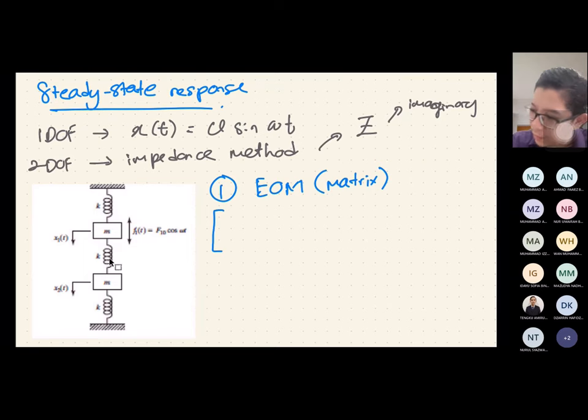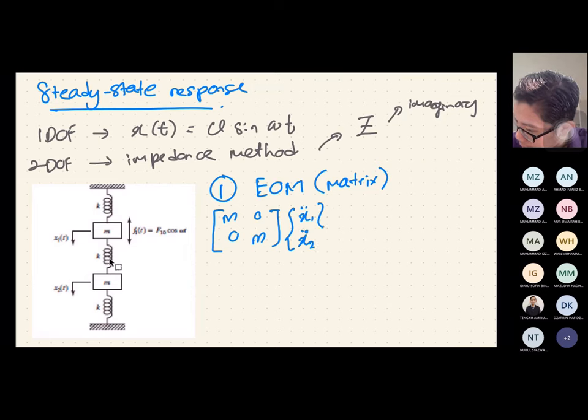So in the equation of motion, we can apply m, 0, 0, m, right? We have two equations, then x1 double dot and x2 double dot, plus, in this case, 2k, minus k, minus k, and 2k, times x1, x2.